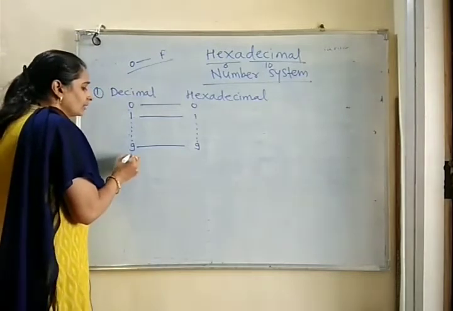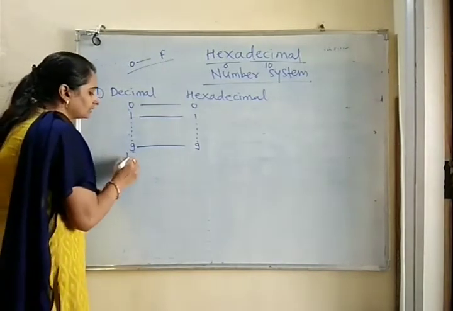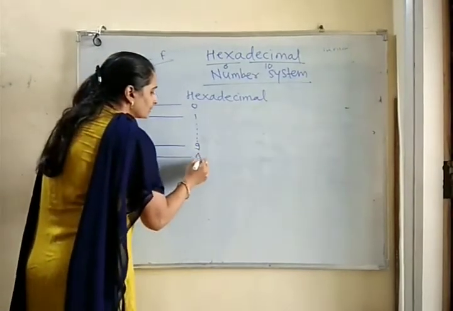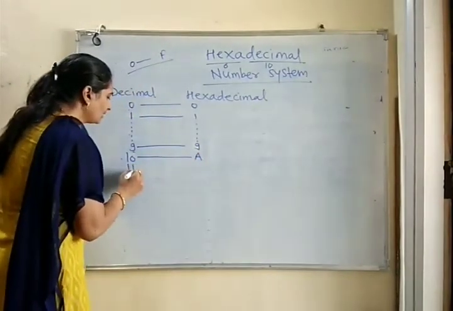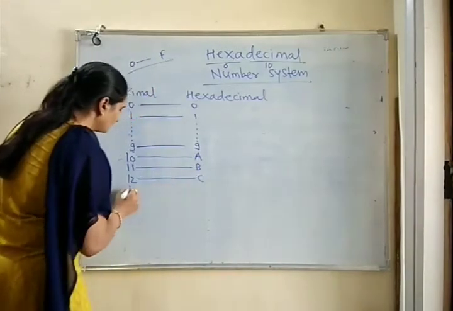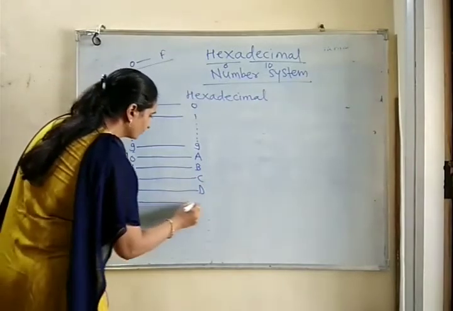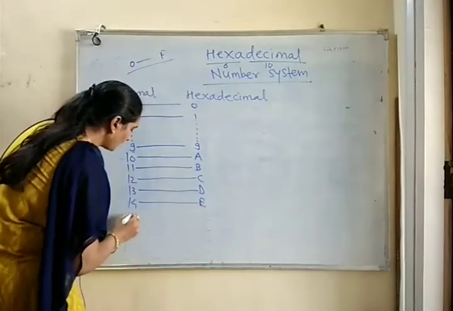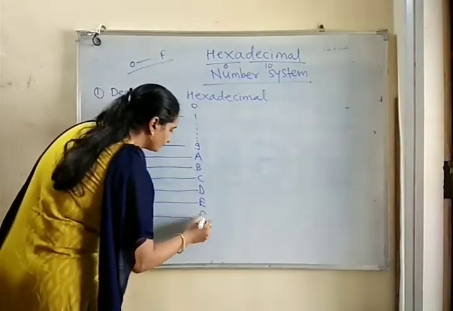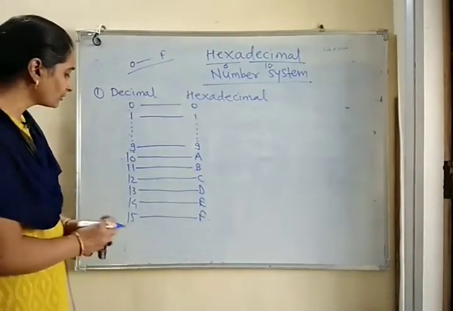Now decimal 10 is represented as A, 11 as B, 12 as C, 13 as D, 14 as E and 15 as F. So now what about 16?